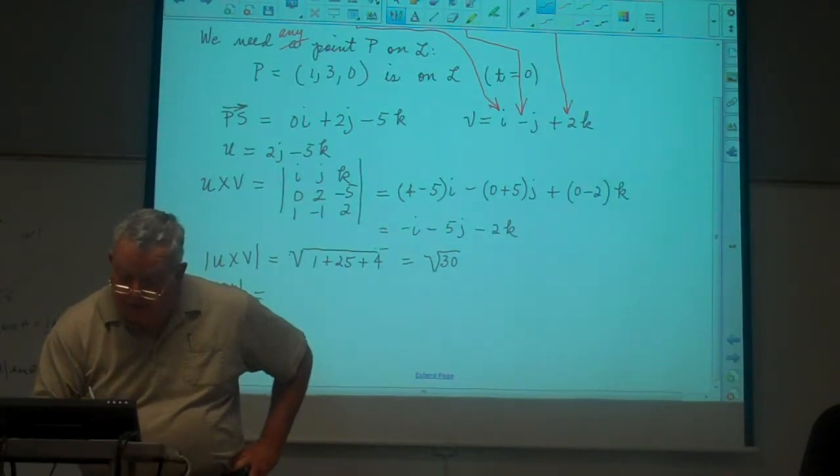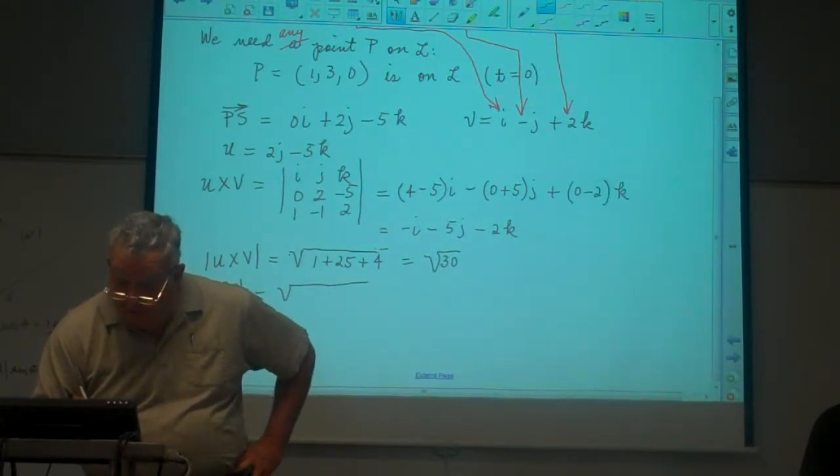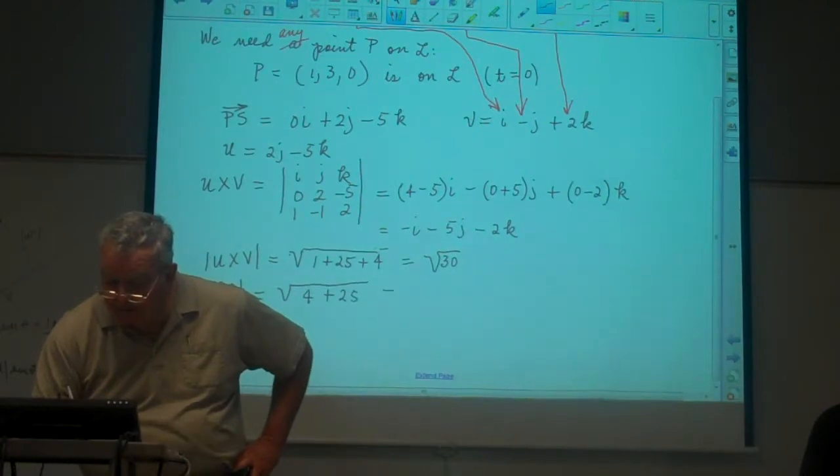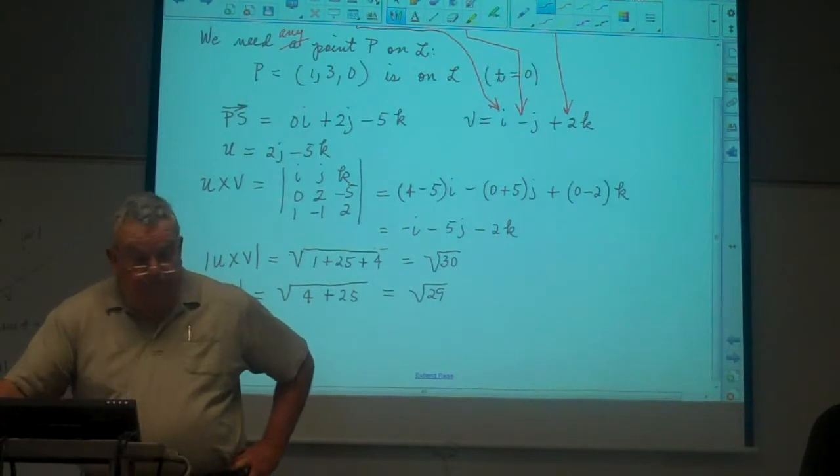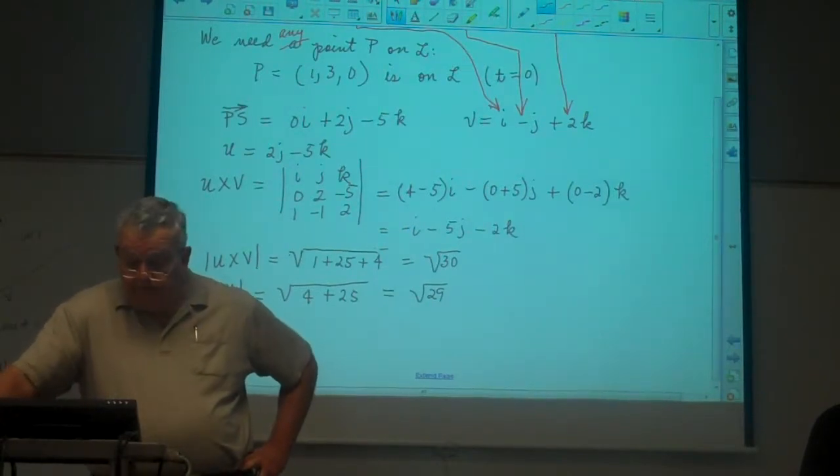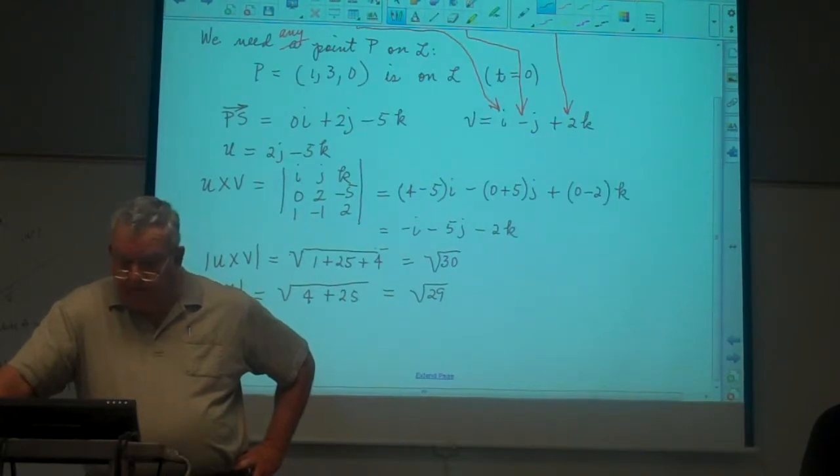And that ought to be the square root of, and u is 4 plus 25. Is that right? I thought we were dividing by the magnitude of v.